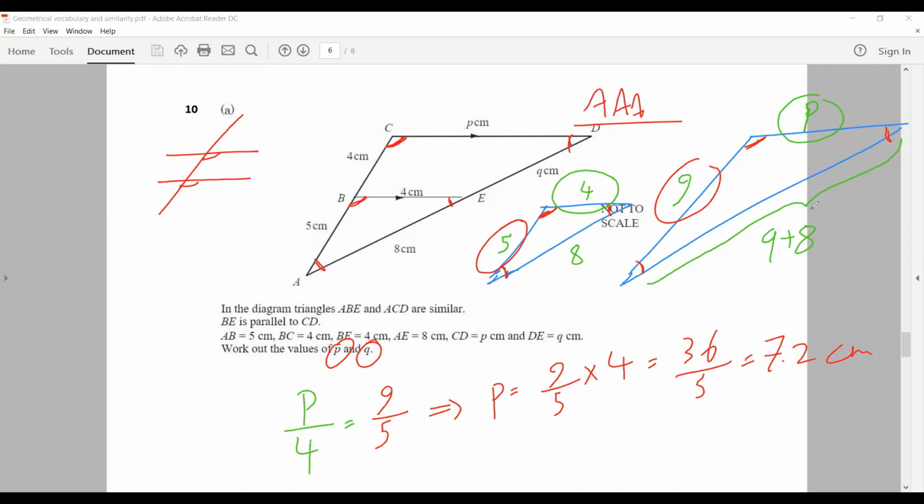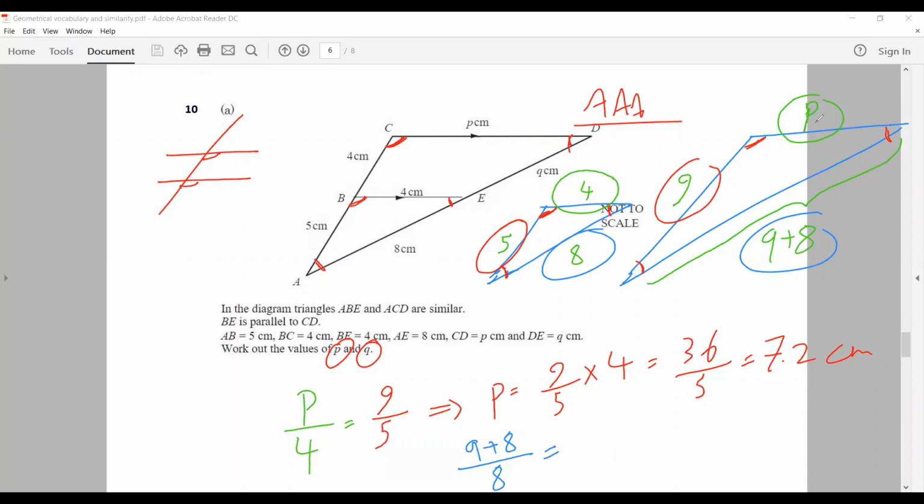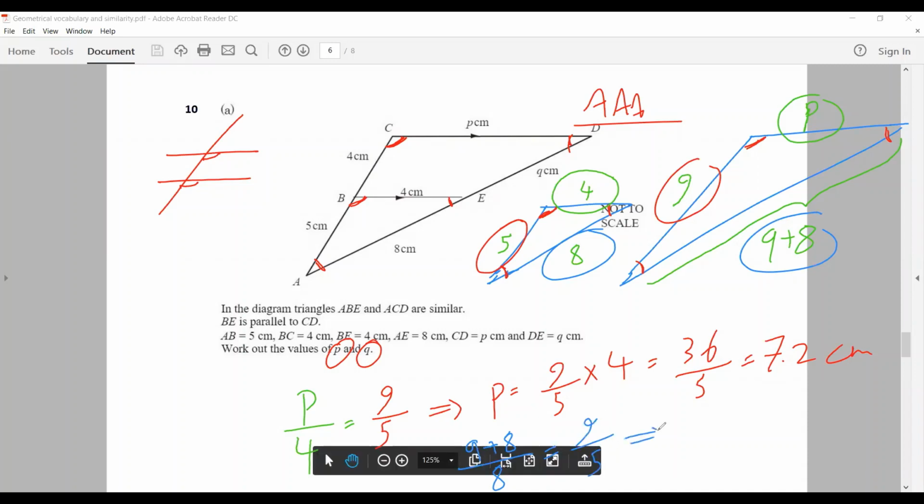For Q, we do the same thing from the bigger triangle. Q plus 8 over the corresponding side, which is 8 from the smaller triangle, is equal to, you can use again 9 over 5, or now that we have P, you can use 7.2 over 4. It doesn't matter. It's the same ratio. So I have to cross multiply.